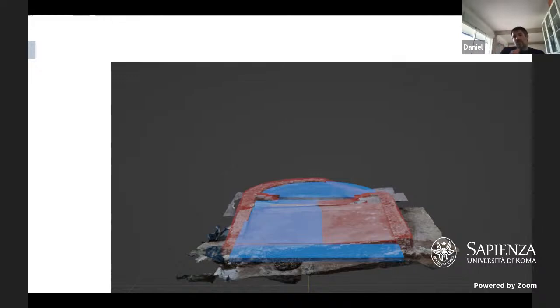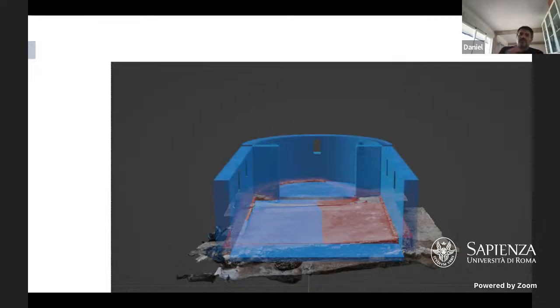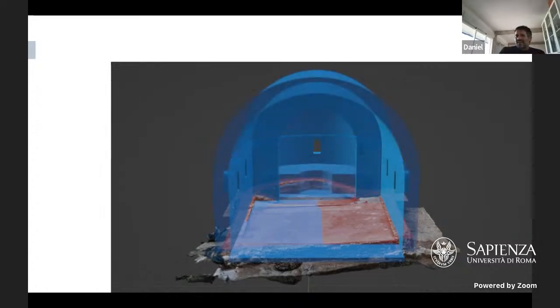And the same goes for the wall dimensions here. All these suggestions are based, in this case, on the thickness of the wall that has been preserved and recorded using photogrammetry.